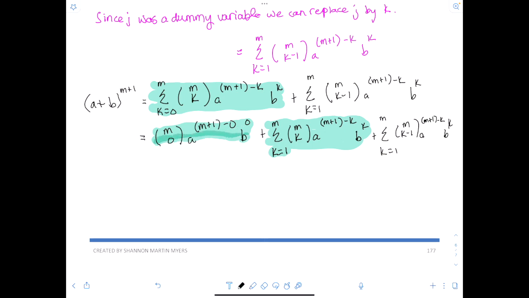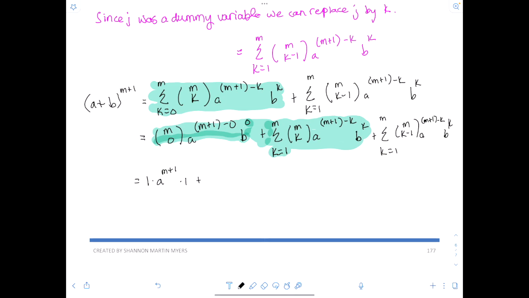Cool? That plus is in there. All right, so now m choose 0 is just 1 times a to the m plus 1 and b to the 0 is 1.